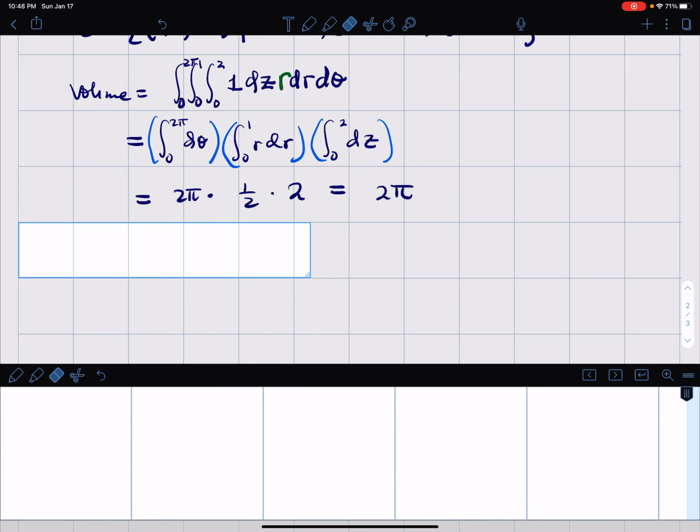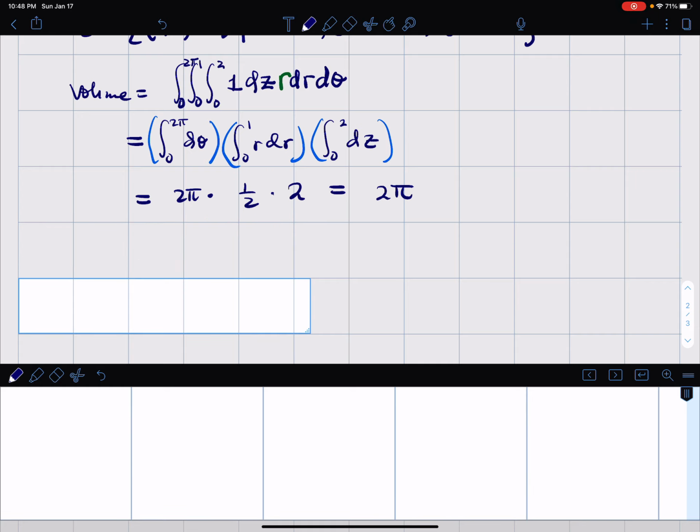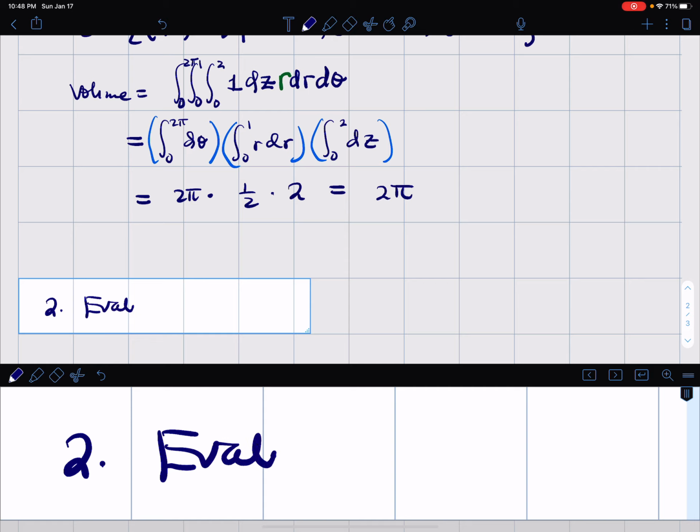All right, let's look at a problem that we looked at the last time, in the previous section. We looked at this problem, but we didn't finish it.